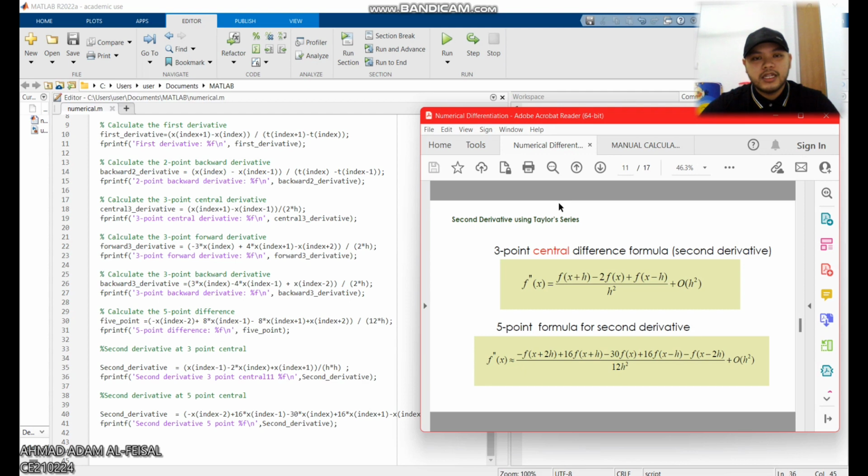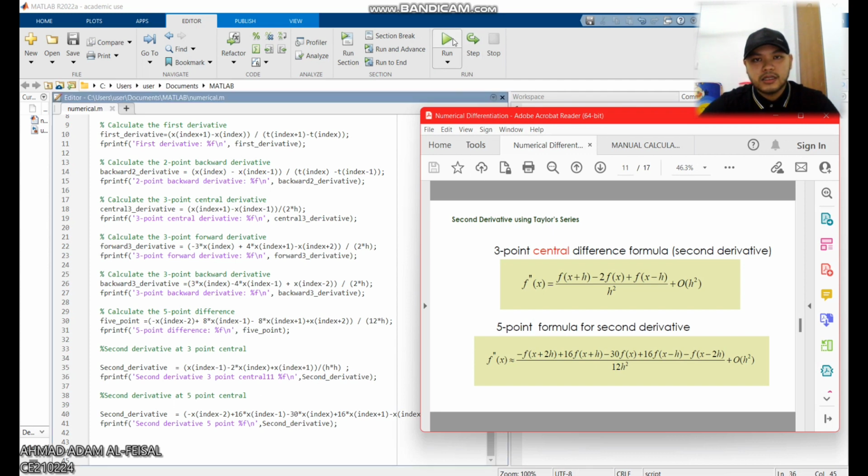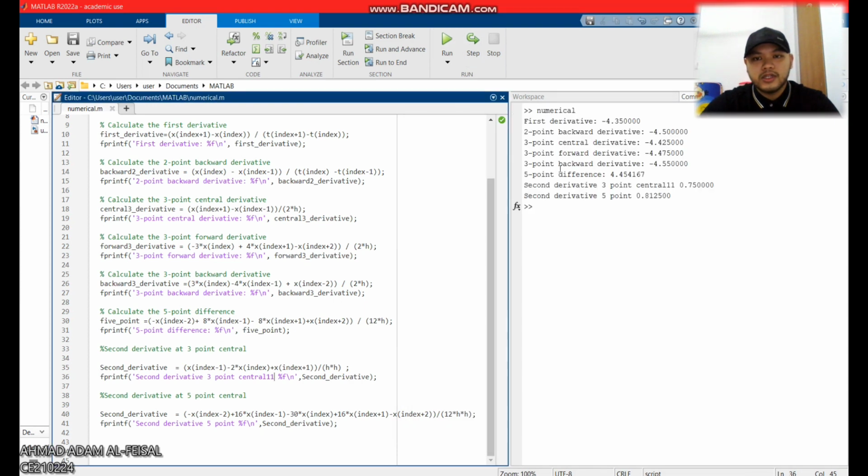Today I'll be presenting the second derivative of our question. This is the formula for the 3-point central, and this is the formula for the 5-point central. That's for the second derivative. This is the coding that I've written for the 3-point central, and this is for the 5-point. We run these codes, and as you can see, the results are 0.75 for the 3-point and 0.8125 for the 5-point.